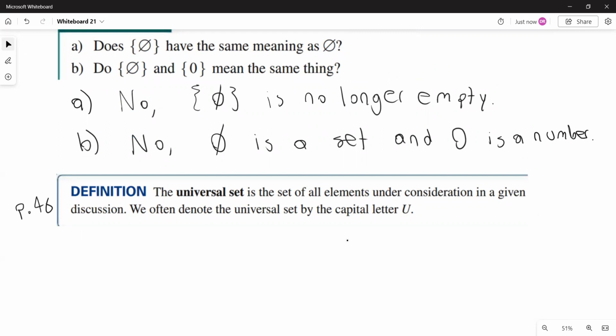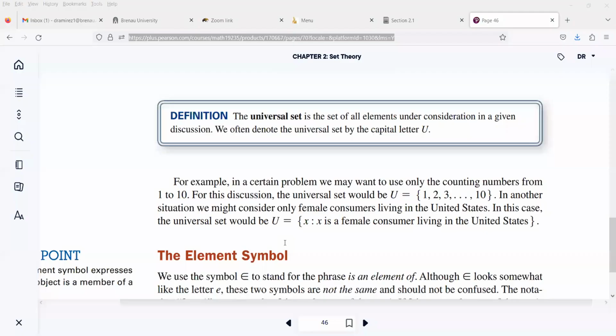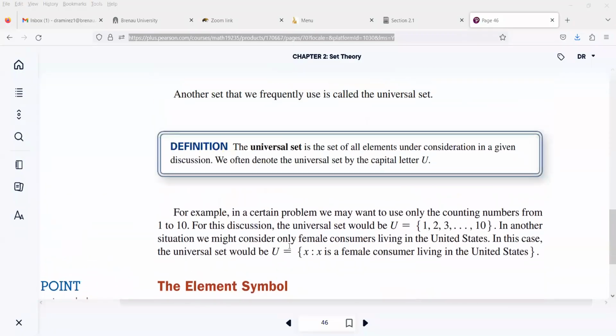That's just a reference. That's the set of elements that we're considering, or all elements that we are working with. For example, in a certain problem, we may want to use only the counting numbers from 1 to 10. For this discussion, the universal set would be the set of integers from 1 through 10. In another situation, we might consider only female consumers living in the United States. In this case, that is going to be the universal set.